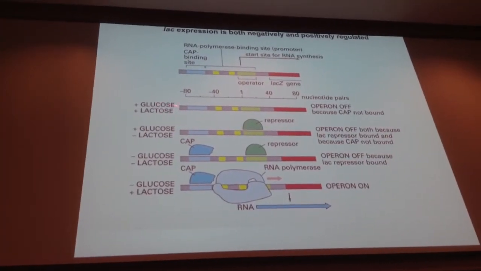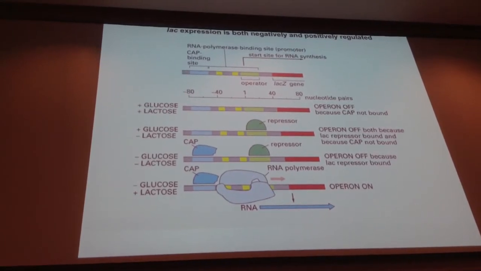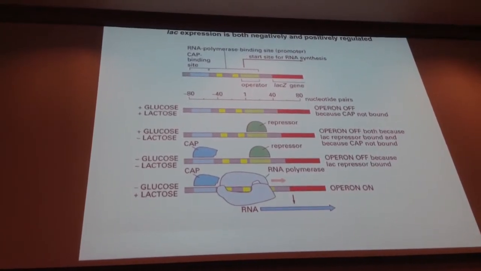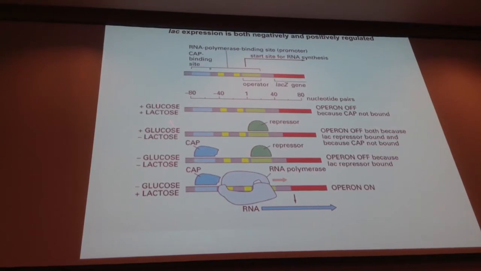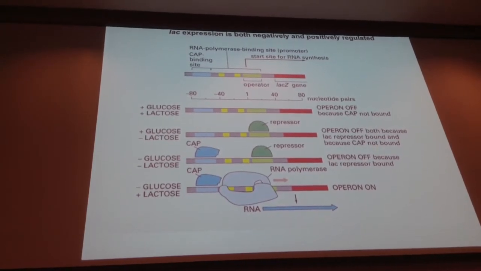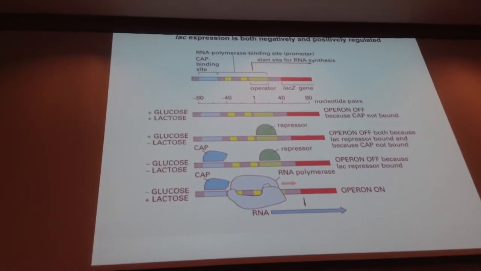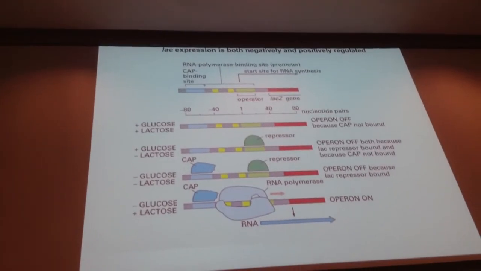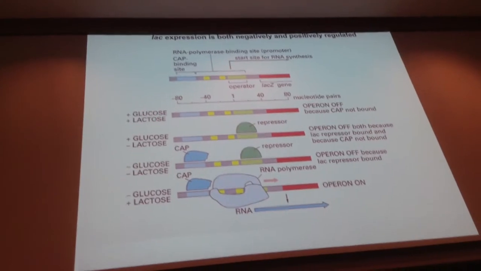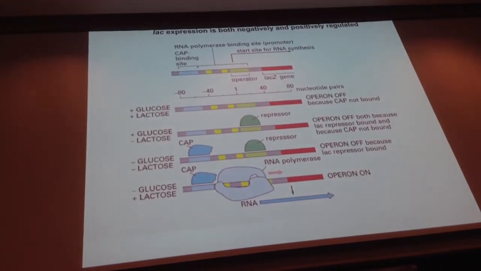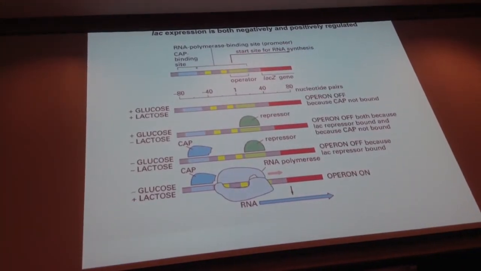Okay, so this CAP protein is an activator for the lactose operon. Remember, CAP is a cyclic AMP dependent protein, so it has to bind cyclic AMP. When there's glucose present in the cell, the cell makes a lot of cyclic AMP.